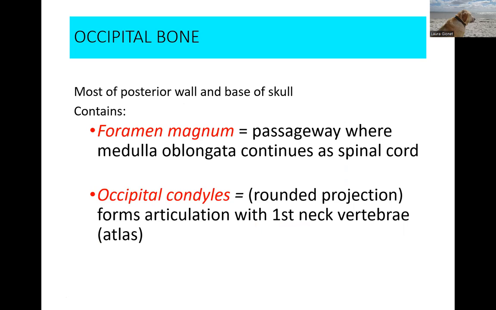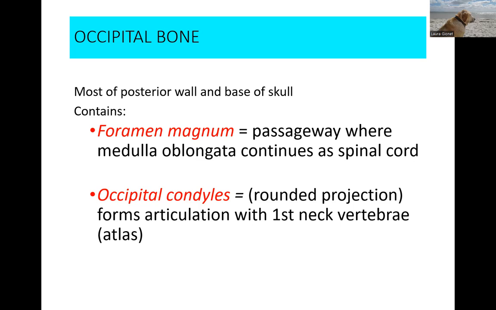Okay, the occipital bone. It forms the posterior wall and the base of the skull. There are two features to note. One is the foramen magnum, which acts as a passageway where the medulla oblongata can pass through and then continues as your spinal cord.